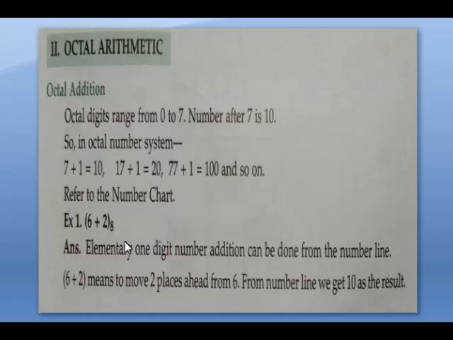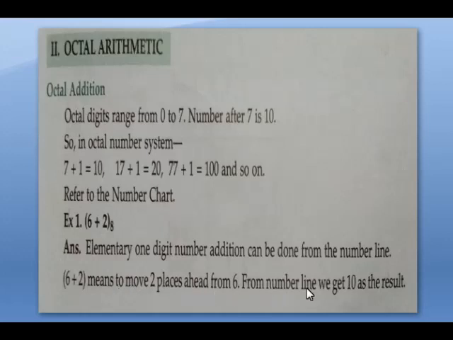Now this is the first example, 6 plus 2 to the base 8. In the octal addition, we will see only the numbers 0 to 7, no number 8. So how will you add this? Elementary one digit number addition can be done from the number line. 6 plus 2 means to move 2 places ahead from 6.